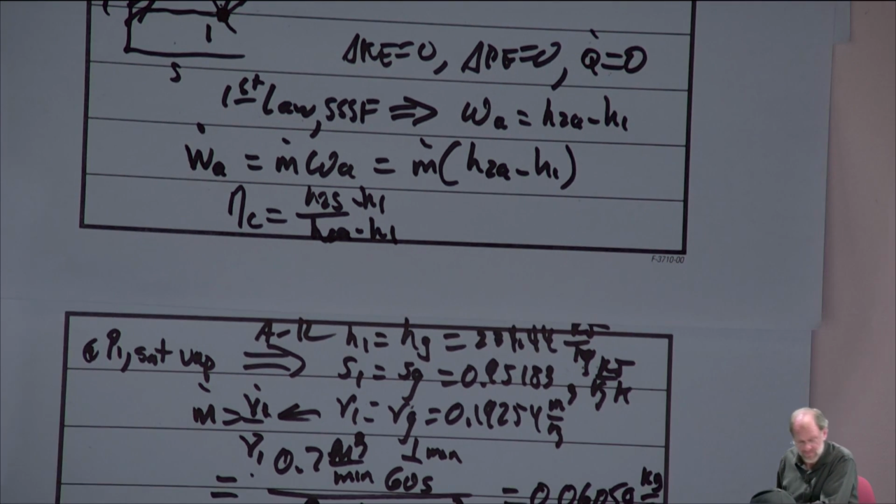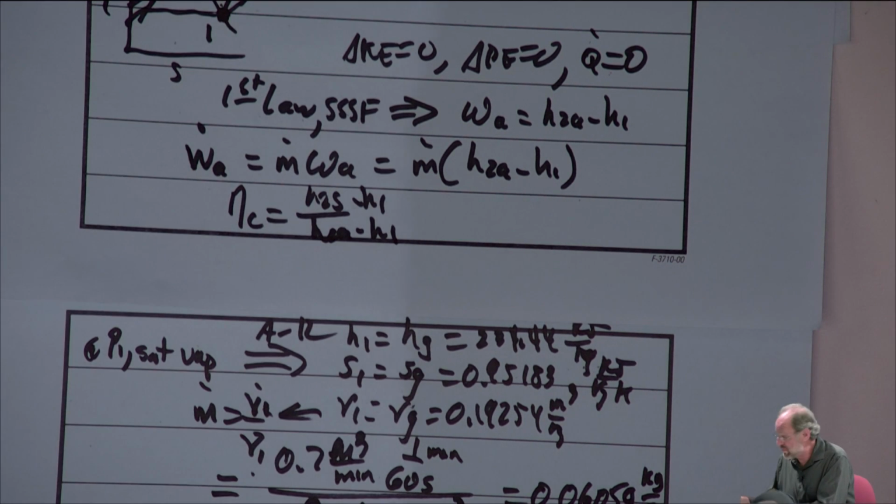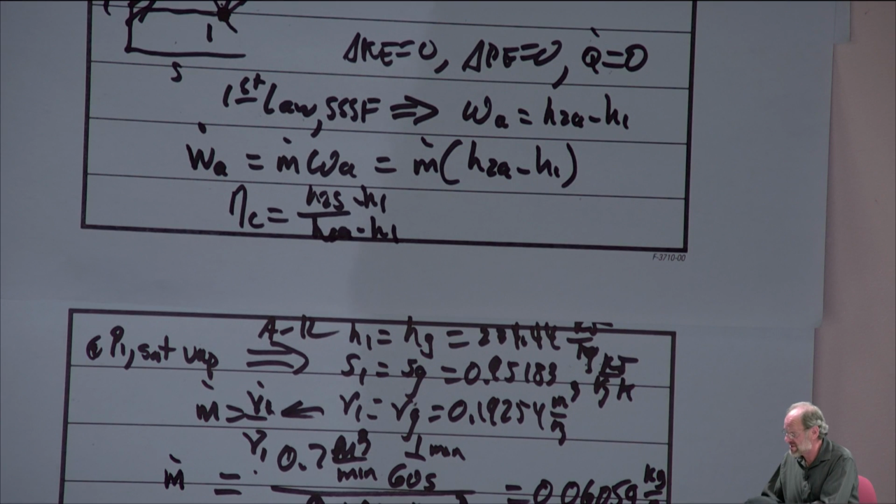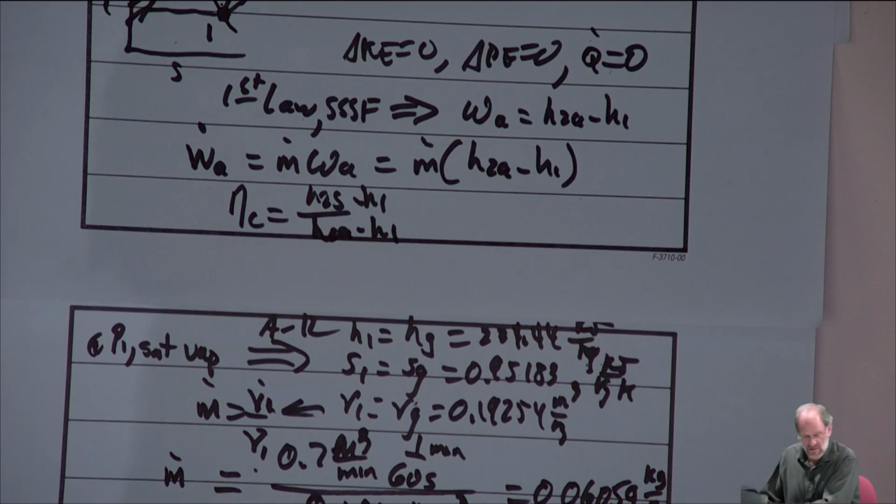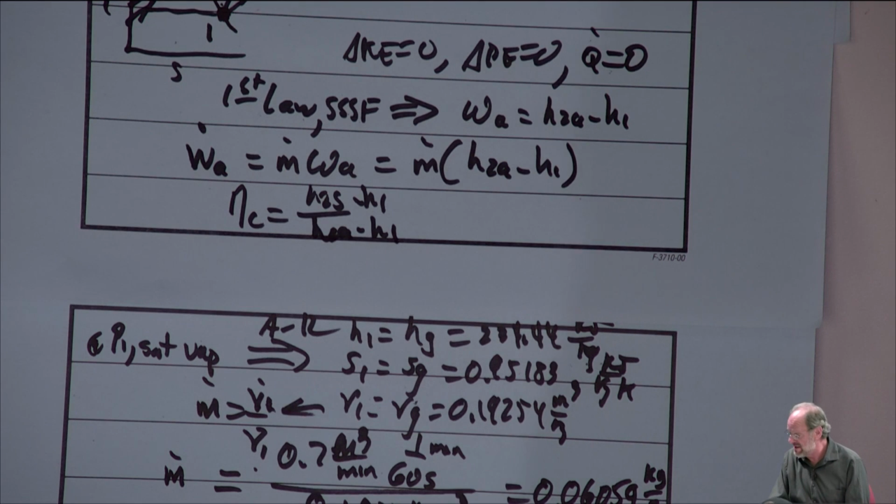All right. So we have that information. Now let's find the information at state point 2. Really, it's 2S, not 2, right? So at P2 and at S2S, which equals S1, well, we don't know exactly, actually we do know exactly what the thermodynamic state is.